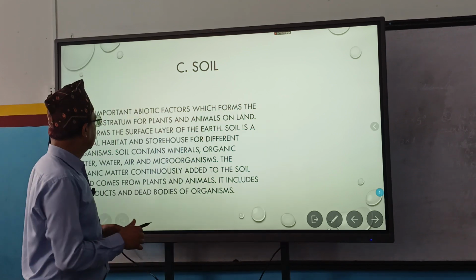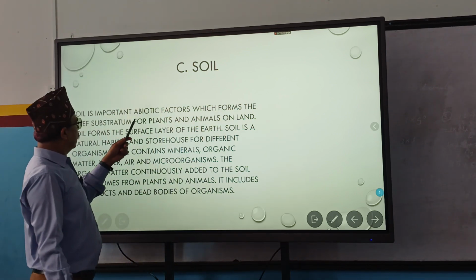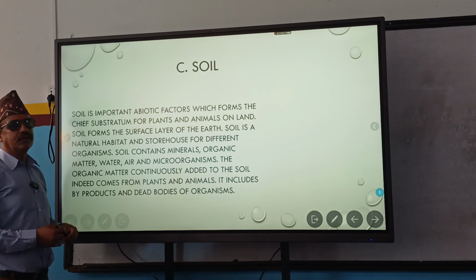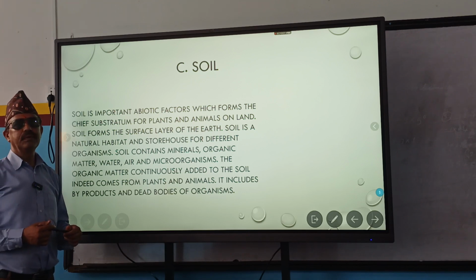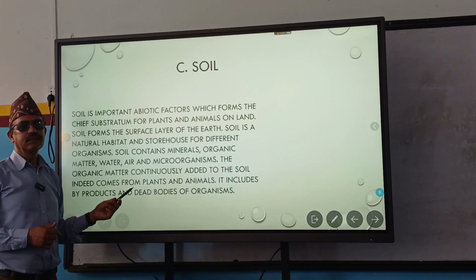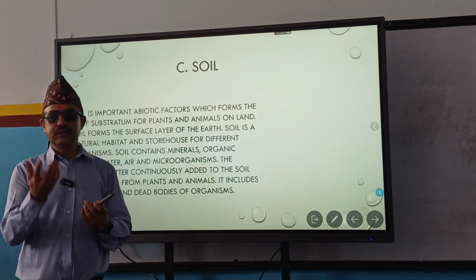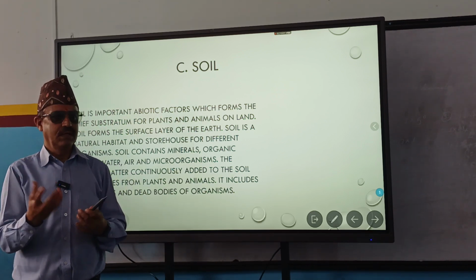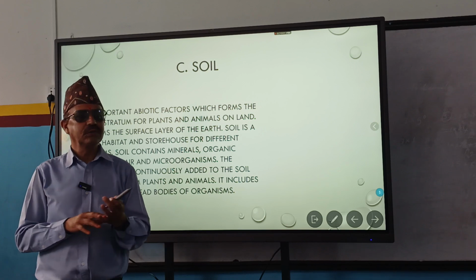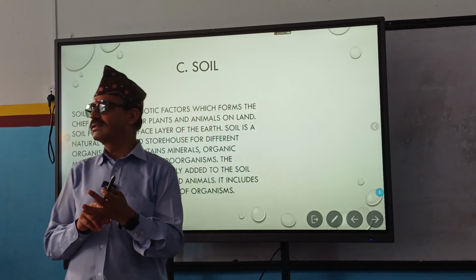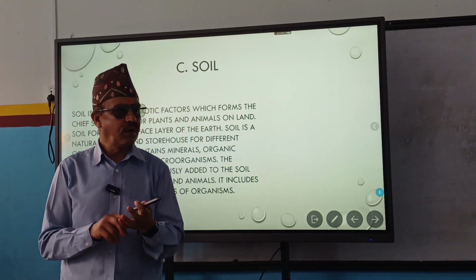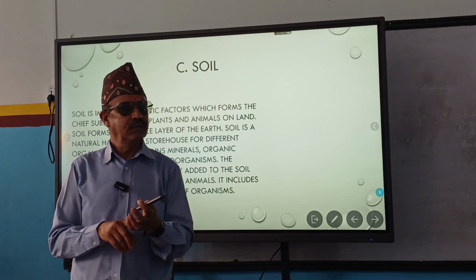Coelenterata. Okay, so why is soil important for animals and plants? Without soil, they cannot get substratum, support. In soil, they can make their house. From soil, plants can get different types of nutrients, water, minerals. Yes or no?